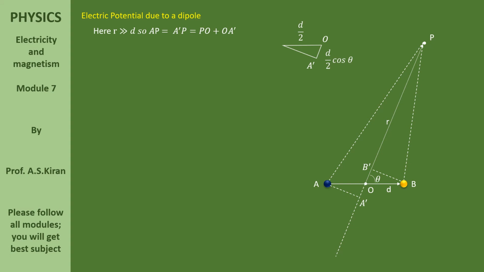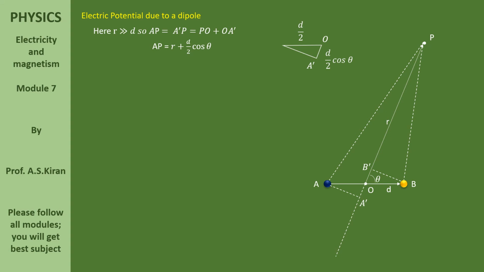Now A dash P is the summation of PO and OA dash. PO is r, and OA dash is d by 2 cos theta. So AP is equal to r plus d by 2 cos theta.